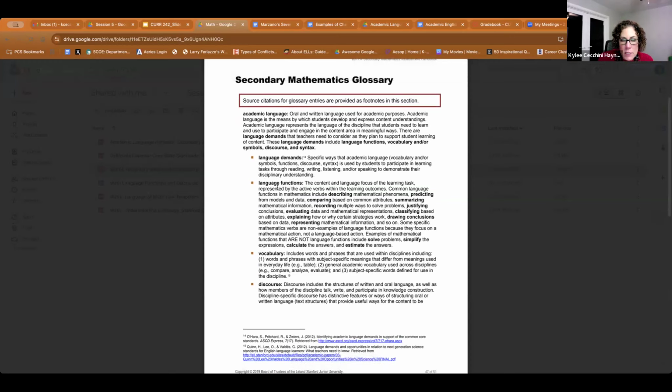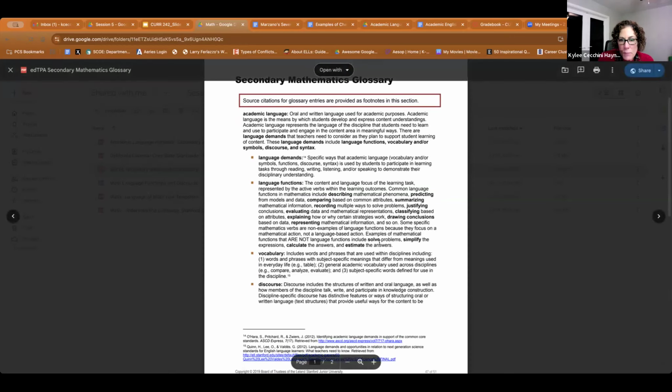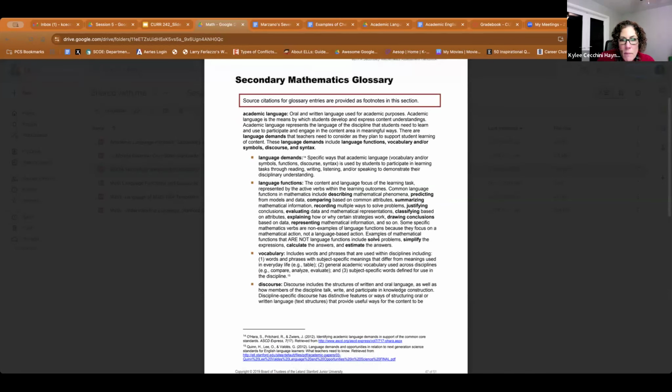Pay particular attention to the language functions, and notice, math people, it says examples of mathematical functions that are not language functions include solve problems, simplify the expressions, calculate the answers, and estimate the answers.